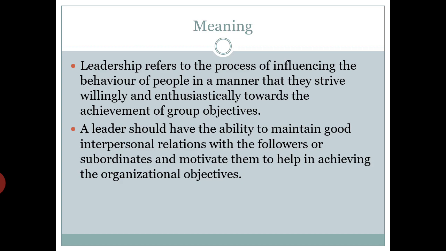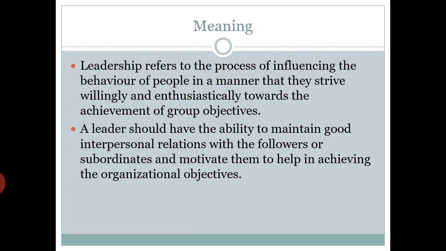A leader is supposed to have an ability to maintain good interpersonal relations. Interpersonal relation means a relation with two or more people. Whenever you interact with two or more people, the relation should always be sound, meaning good.